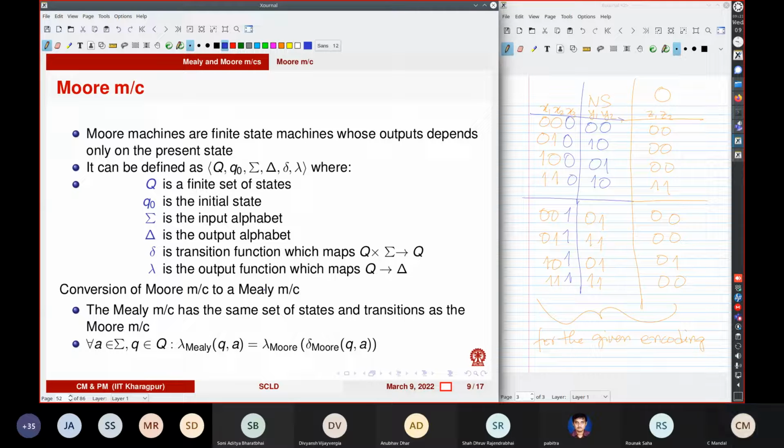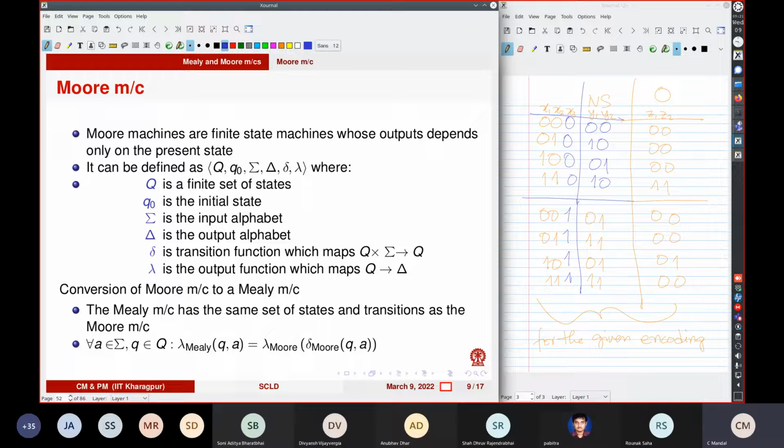You can have the same set of states. What you do is define the output of the state of a Mealy machine.